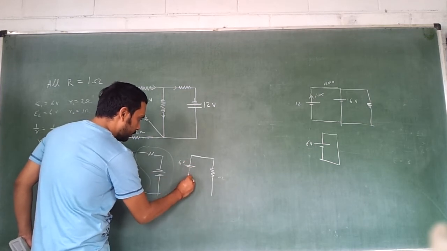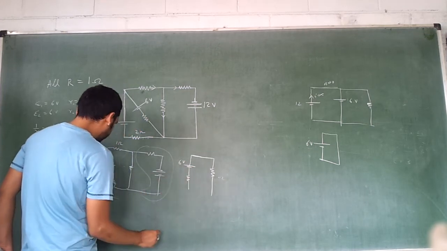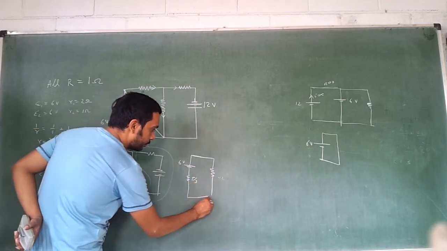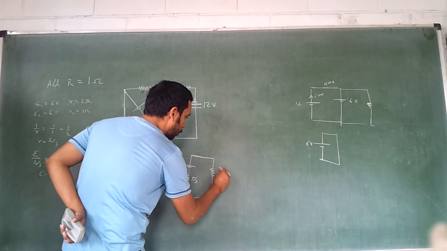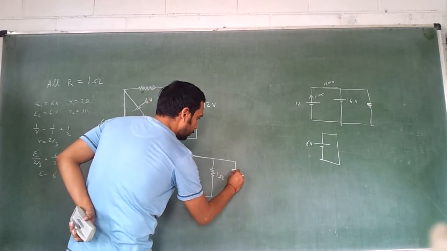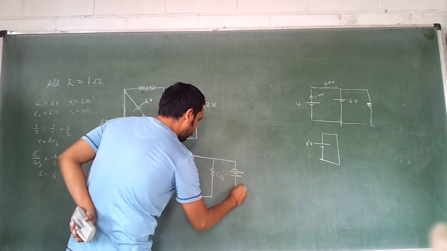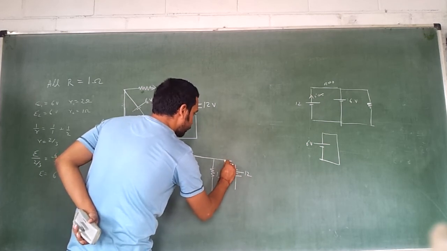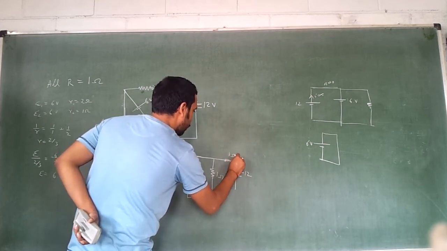Six volt, internal resistance 5 by 3; 12 volt, internal resistance 1 ohm.